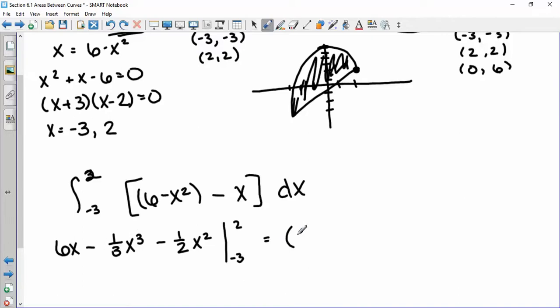We plug in a 2, we get 12 minus 2 cubed is 8 over 3. 2 squared is 4 times 1/2 is 2. Put in -3, so we get -18. -3 cubed is -27 times -1/3 is +9. -3 squared is 9, so minus 9/2.